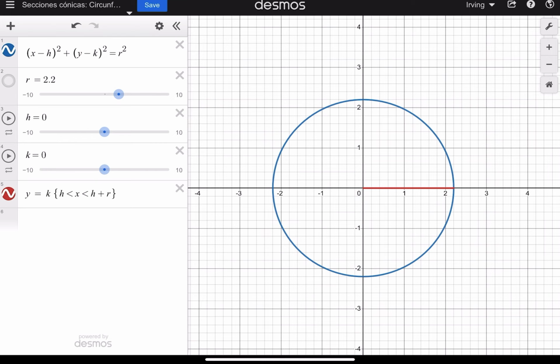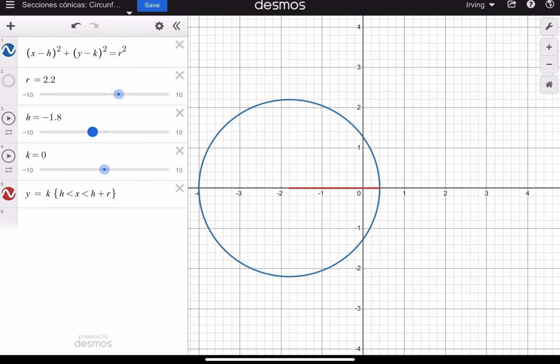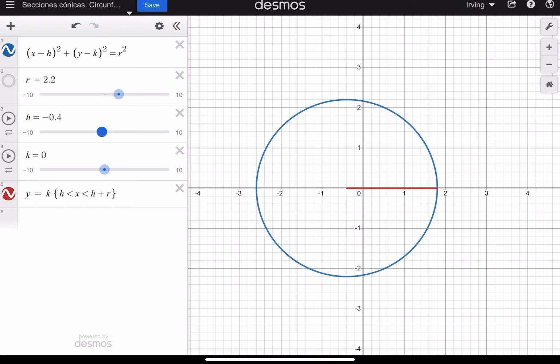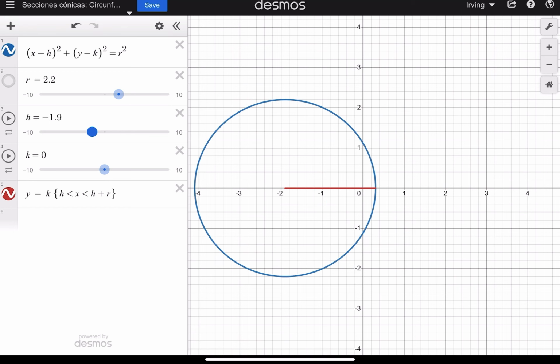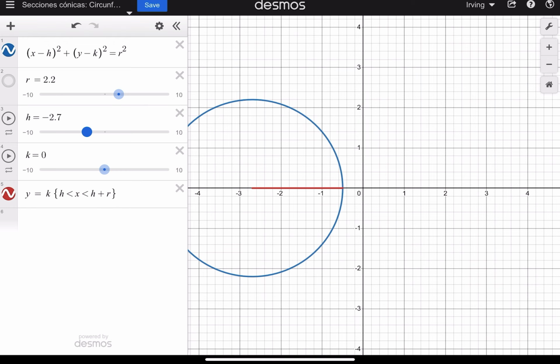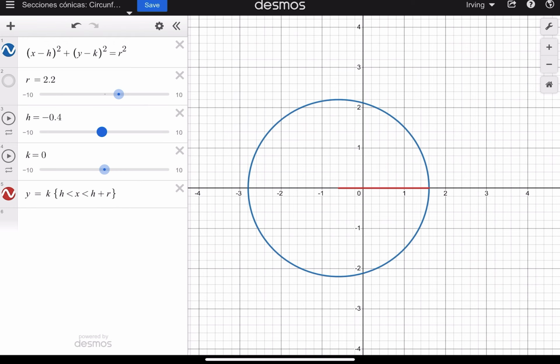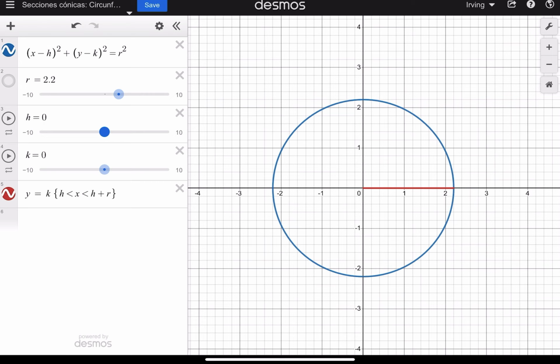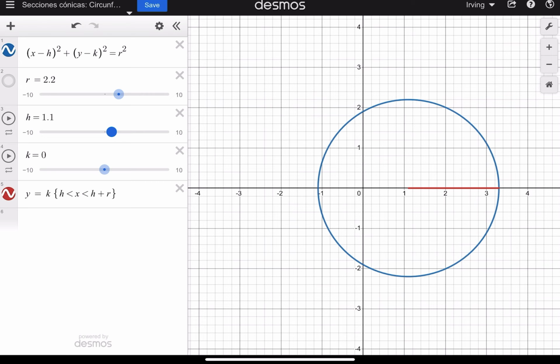But what happens if I move h, and what happens if I move k? If I move h, look, my circle is moving horizontally. It's a translation. I'm moving the center of my circle. If I place it here, it is centered at 0. But if I say that h is 1, it's going to be centered there.